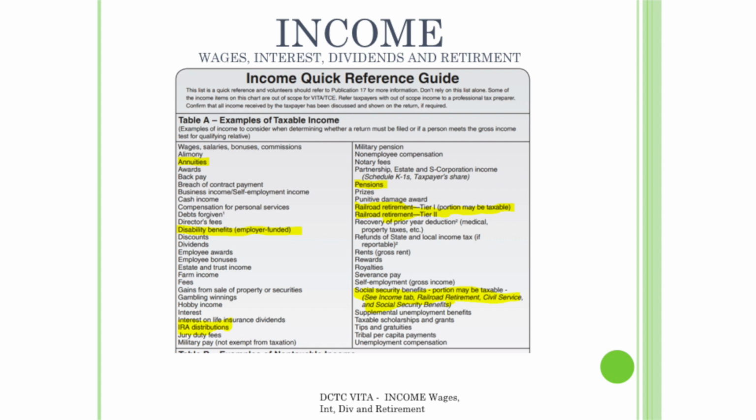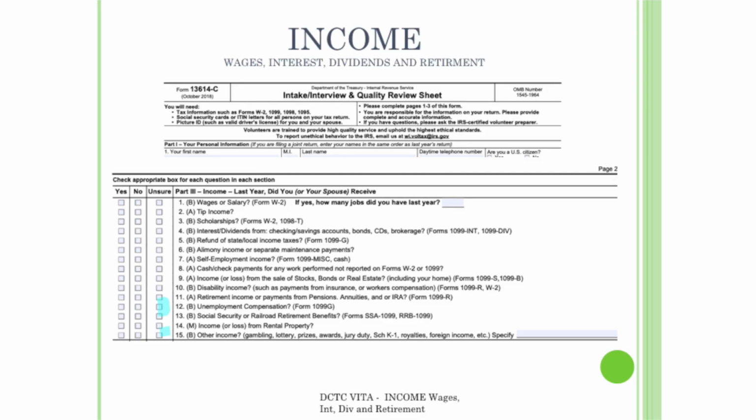As you can see, I've highlighted a few of the retirement income items on the guide. Those are annuities, disability pensions, employer funded, IRA distributions, railroad retirement, pensions, and Social Security benefits. Now, referring back to the Form 13614-C, our Intake, Interview, and Quality Review Sheet, Part 3, line items 10, 11, and 13 reference some of those types of retirement income.